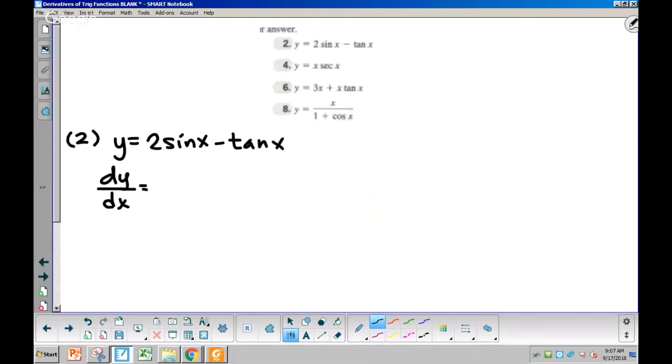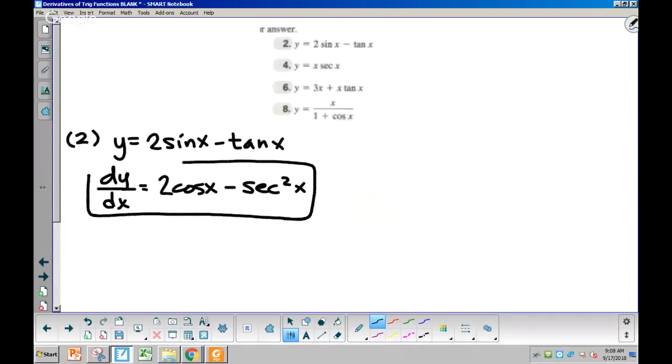Do you see how the second part's always wiped out if you use the product rule with the constant? So this is going to be just 2 times the derivative of sine, which is cosine x, minus the derivative of tangent, which I have the summary up here on the board. So secant squared x. That was tough. We're done.